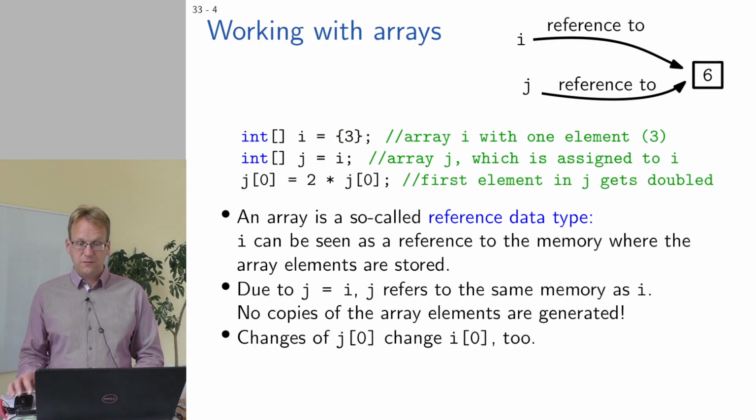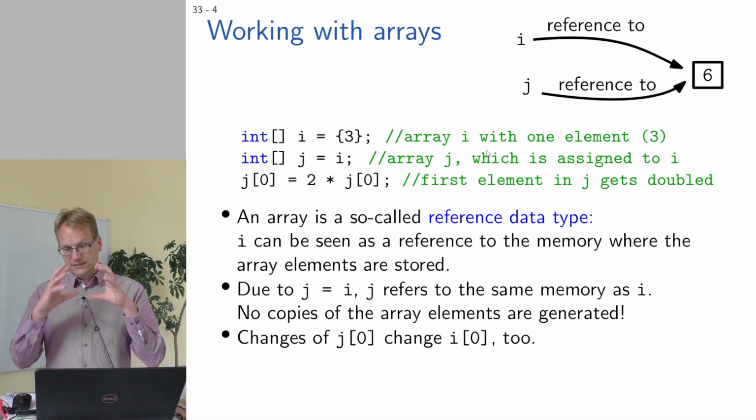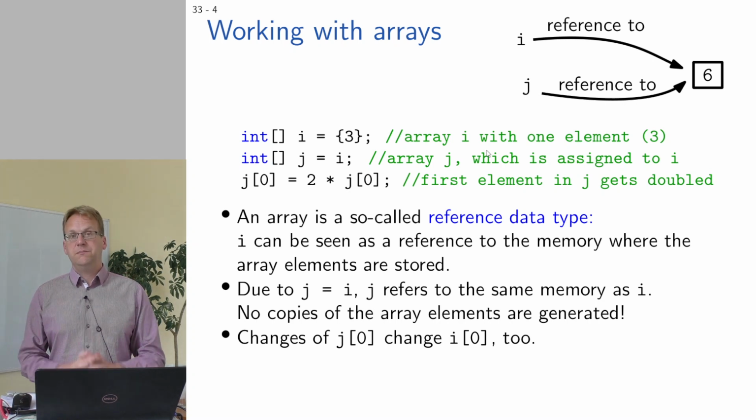And now, with this line of code, we are reading out the value in the first cell of that array. We multiply it with 2. We assign the result again in the first position of array j, and accordingly we will then have value 6 in that array, which is referenced both by variable i and variable j.